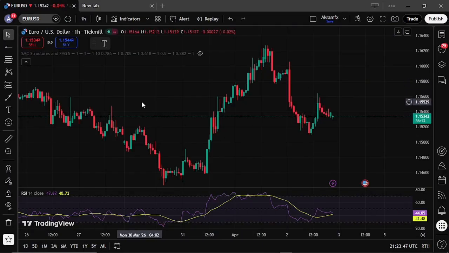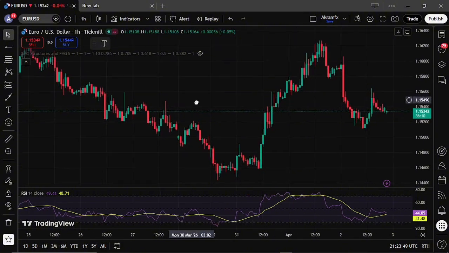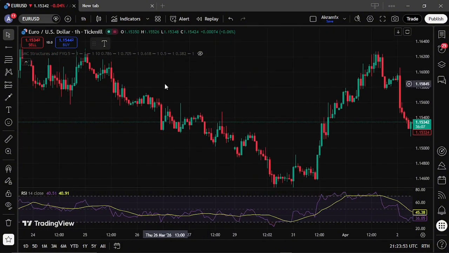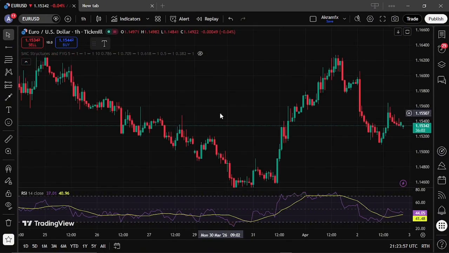Okay guys, this is the Euro USD pair and this is its chart, the technical chart. I call it a technical chart because this is where traders make analyses. So this is the Euro USD. It's a currency pair. As I told you earlier, we trade currencies in pairs, and we denote them in a unique three letter code. You see that each currency is in a unique three letter code.